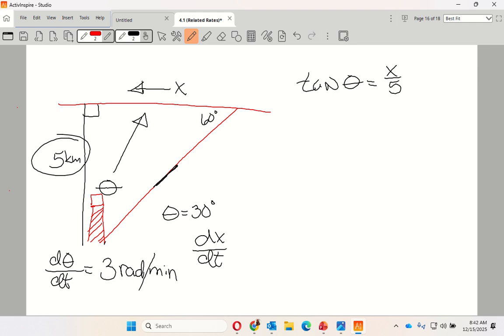All right, what's the derivative of tangent? Secant squared. Anything else I'm missing? Did I take the derivative of theta? Yes. And so therefore I need to say what?